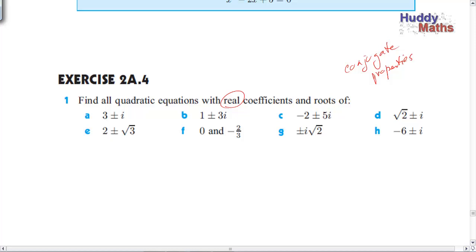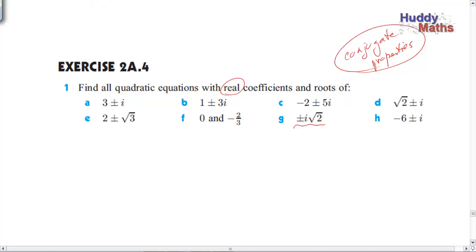Conjugate properties to create those real coefficients, so that we've got imaginary roots hiding in a real quadratic equation. You might like to watch this one here, have a think about that one, and see what you come up with. Okay, pause the presentation, have a go, because I'm going to go on and show you the solutions now.